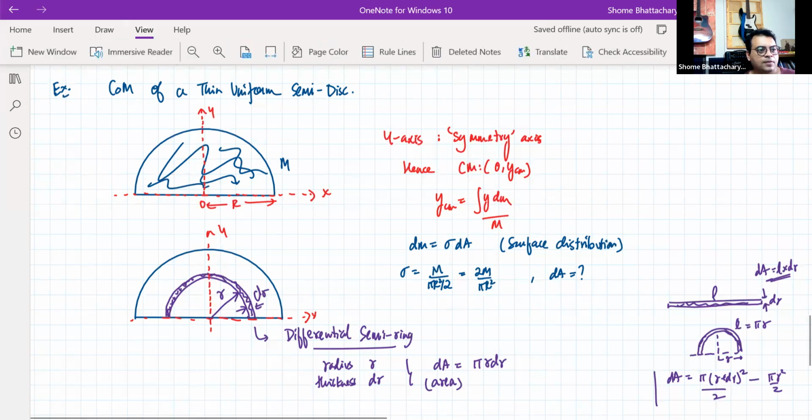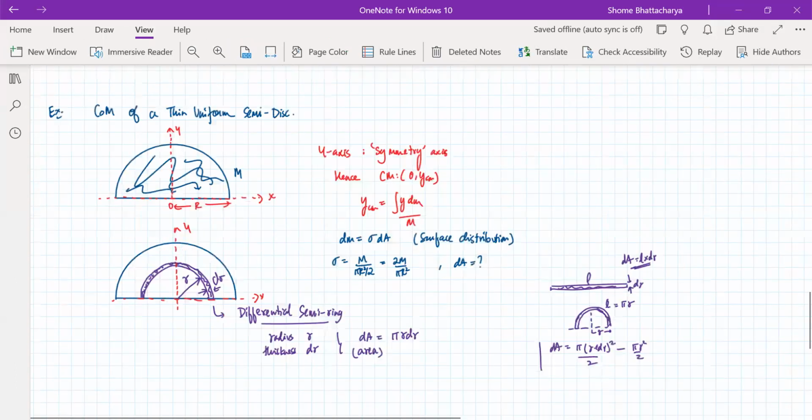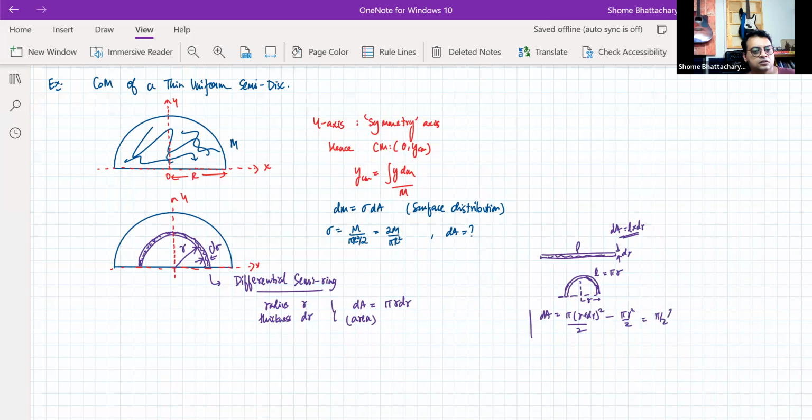If you take pi by 2 common, you have r plus dr whole square minus r square. If you open this term, it is 2r dr plus dr square. This term is negligible, tending to 0. So this will become pi by 2 into 2r dr. So that's another way of understanding why that area should be pi r dr.